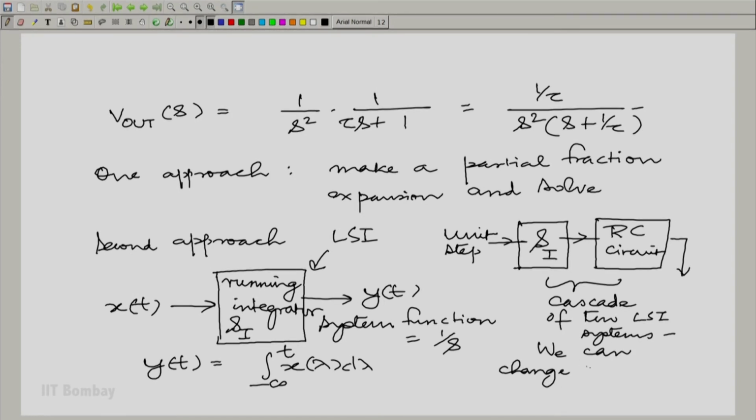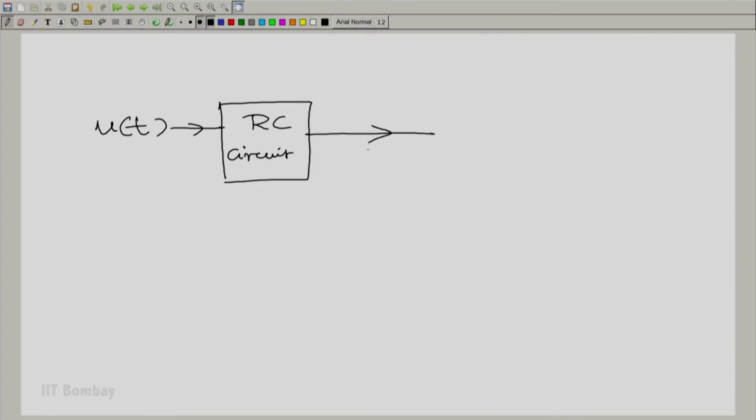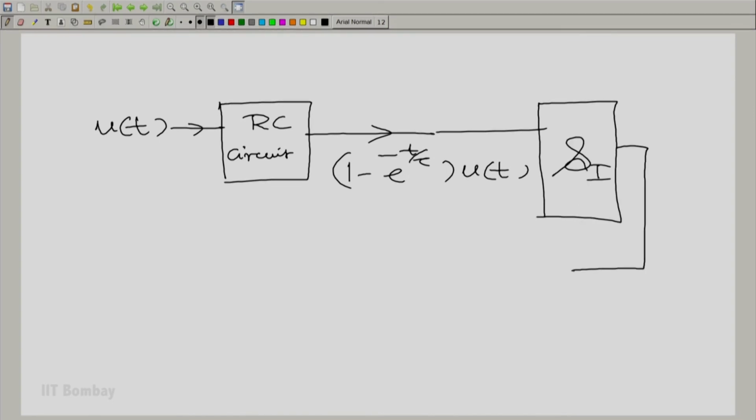We can interchange the order, and therefore, you could put Si after the RC circuit, which means you could give a unit step input, find the output of the RC circuit, which we already know, and this could be given to the running integrator.